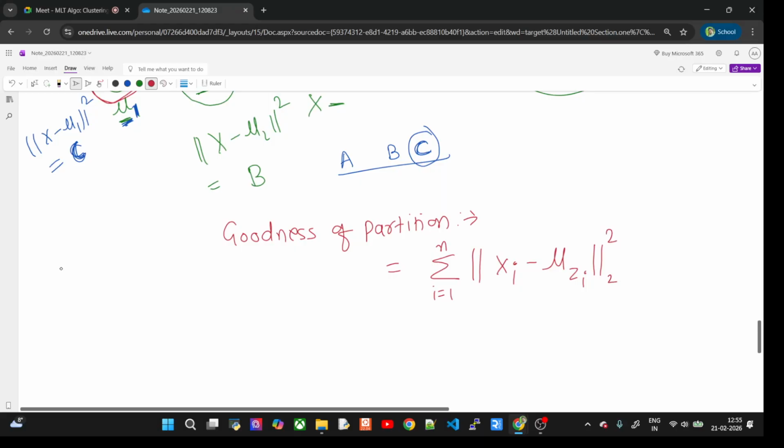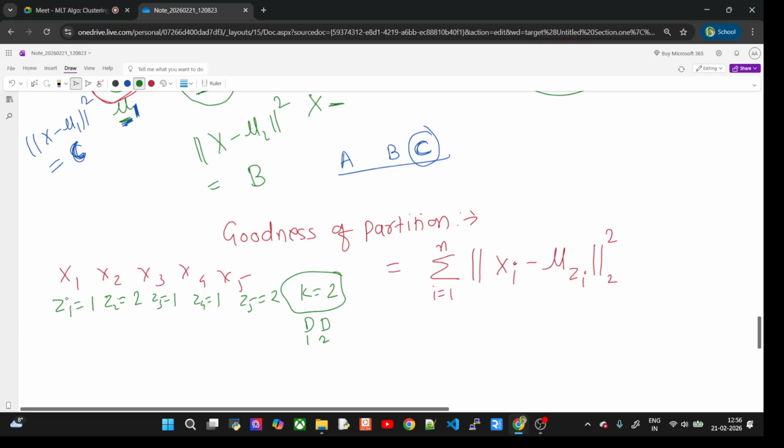So in our earlier example I mentioned x1, x2, x3, x4, and x5. The cluster indicators are z1 equal to 1, z2 equal to 2, z3 equal to 1, z4 equal to 1, and z5 equal to 2. For example, when we said k is equal to 2, we have only two boxes, 1 and 2, and you have to put the points.